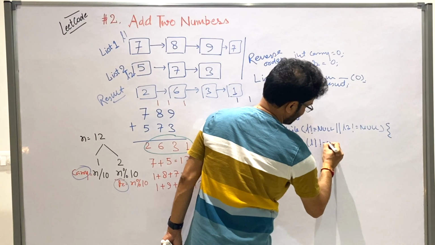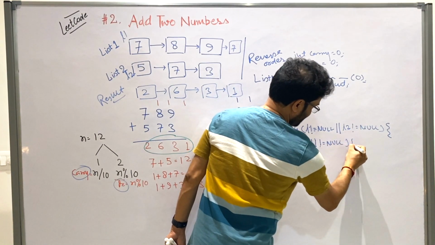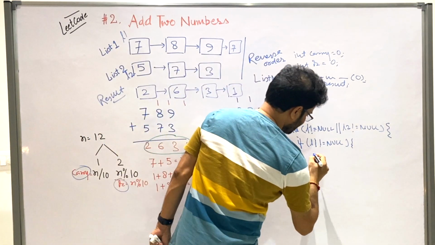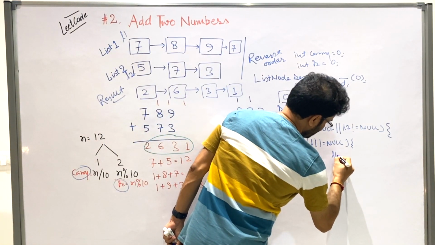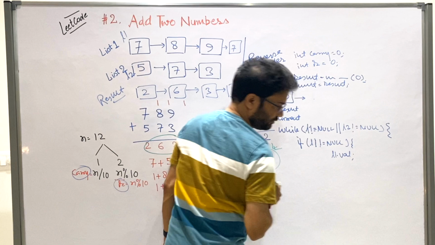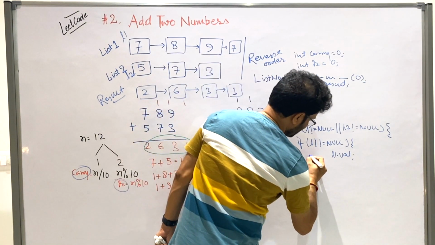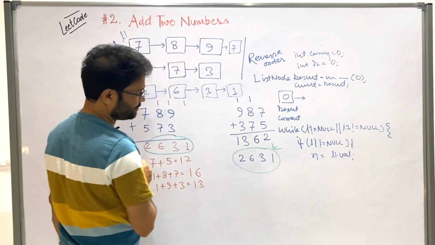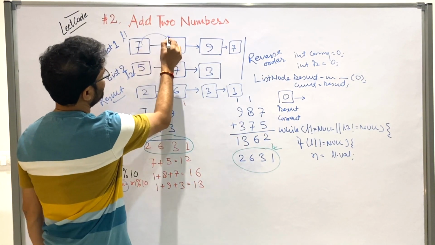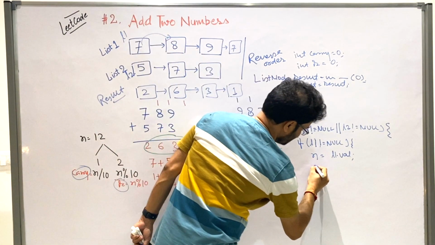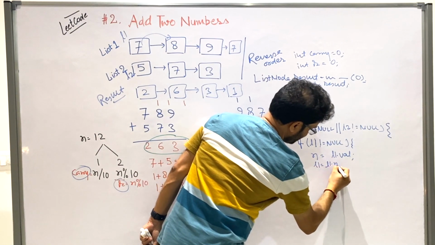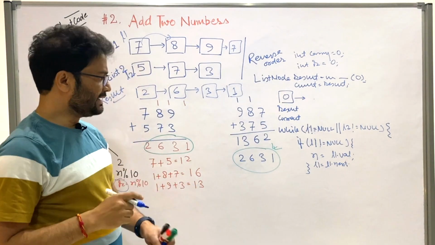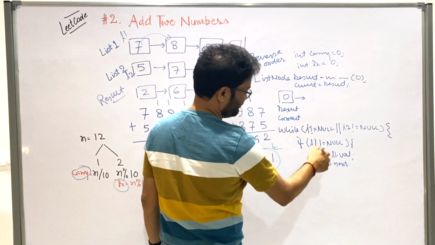Now we come inside the while loop and check if L1 is not null. If this is not null, then take the 7. How can we take the 7? L1 dot value, we get the 7, and you can put it into n. Once you get this number, you have to move next, so L1 is equal to L1 dot next. We will do the same thing for L2 also.